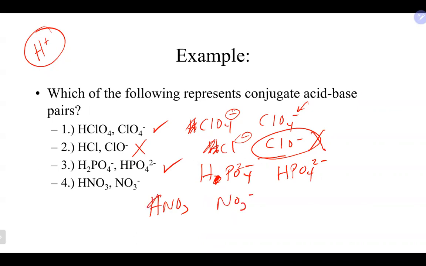Once again, taking off the H and the plus will make that one more minus, and they match. So that would be a pair. By the way, in a pair, the acid is typically the one that has the extra hydrogen, which is how you can remember it. So in this case, it looks like 1, 3, and 4 are the winners. Any question on those?